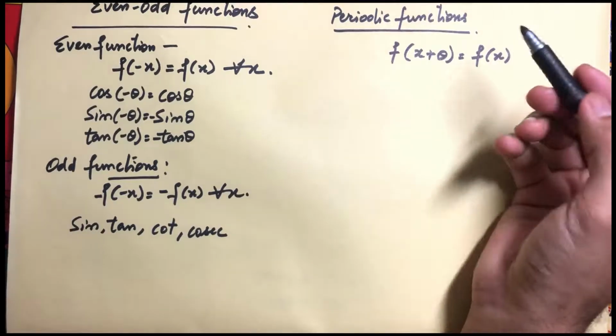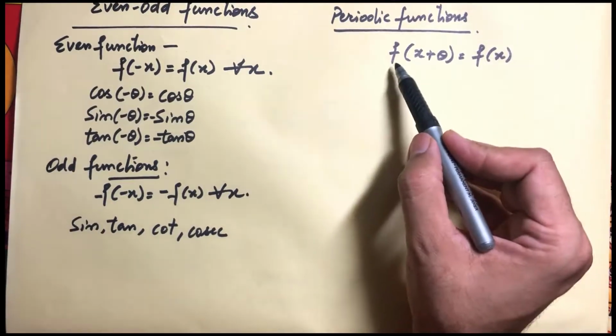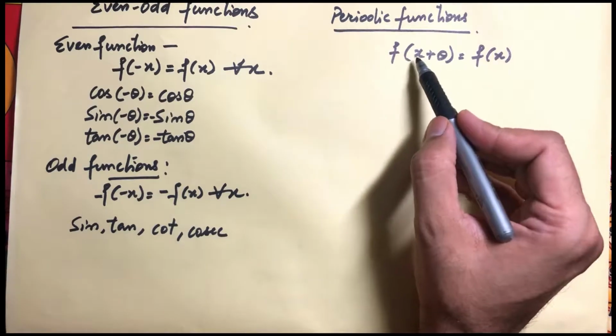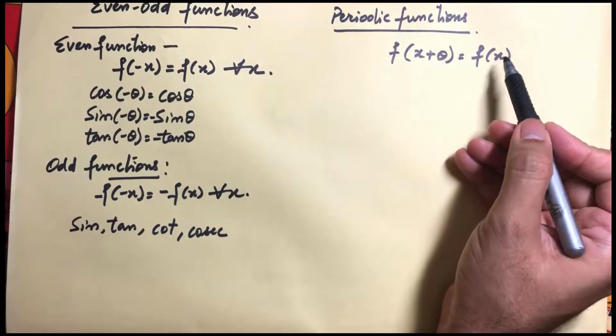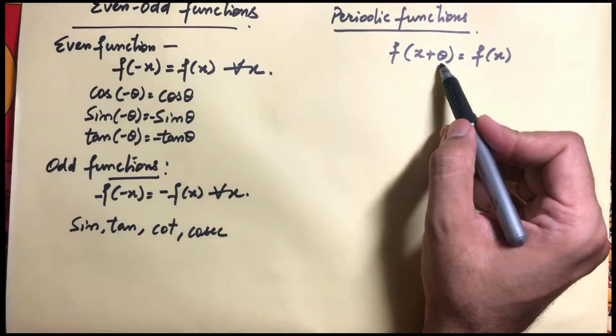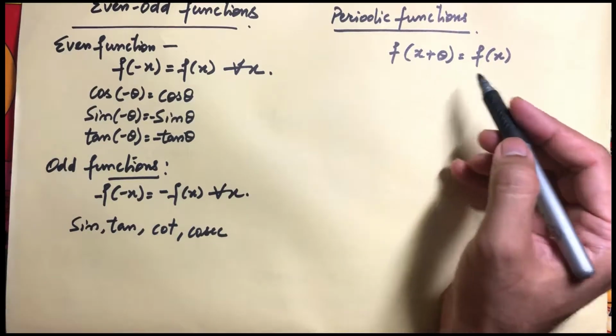So again, try to understand this: if a function is periodic, after adding some value it remains the same, and the least value of theta is called the period.